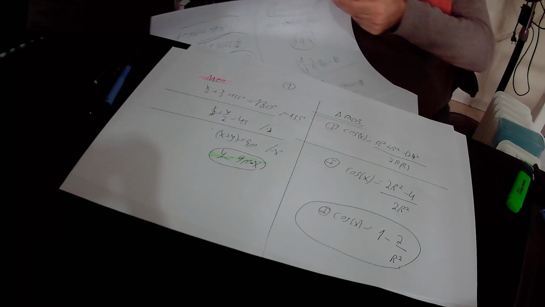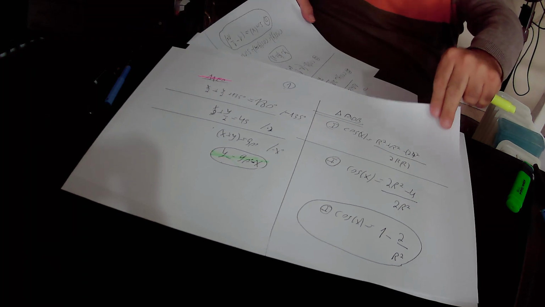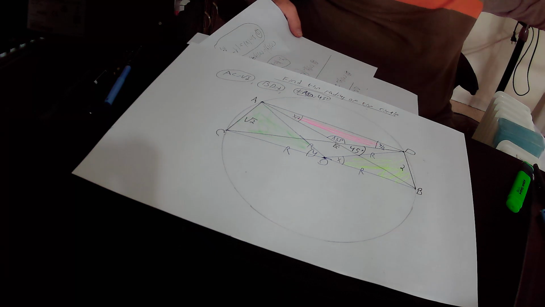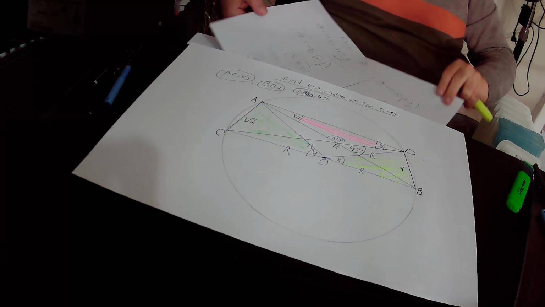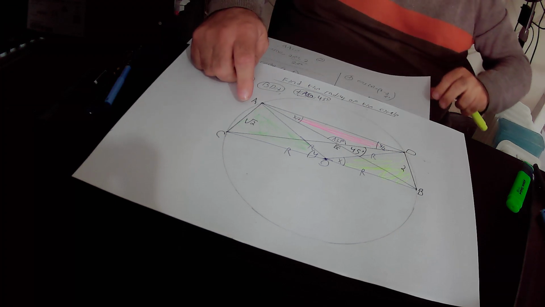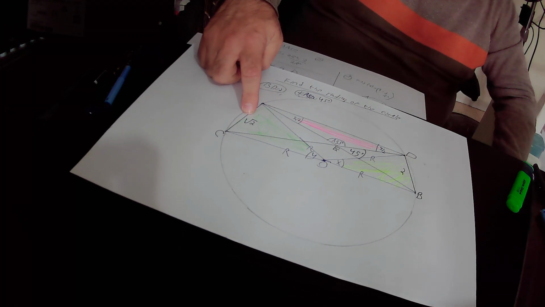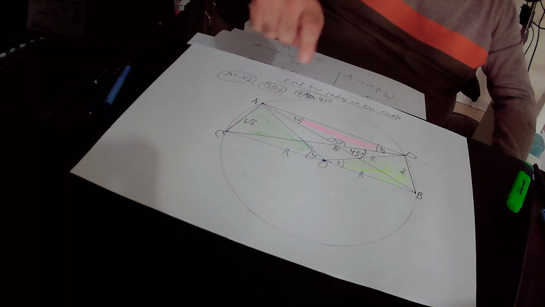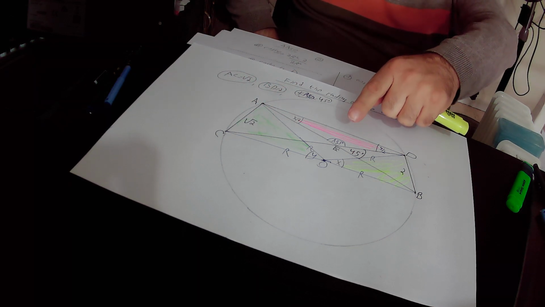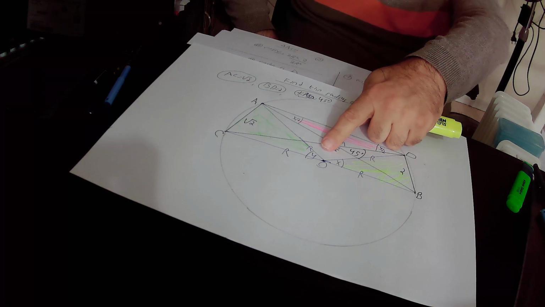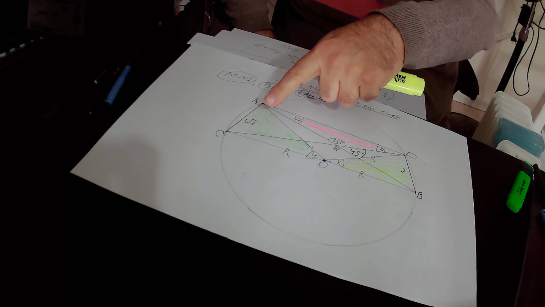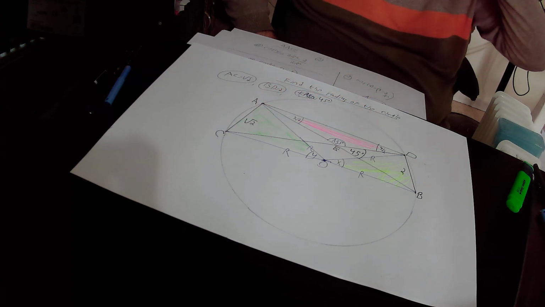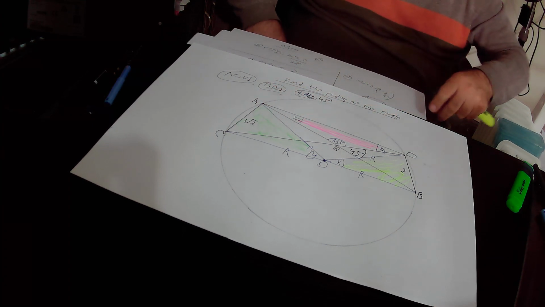Then we focus on the green triangle, triangle ACO. According to the Pythagoras theorem, cosine y equals r squared plus r squared minus 2 squared over 2 times r times r.